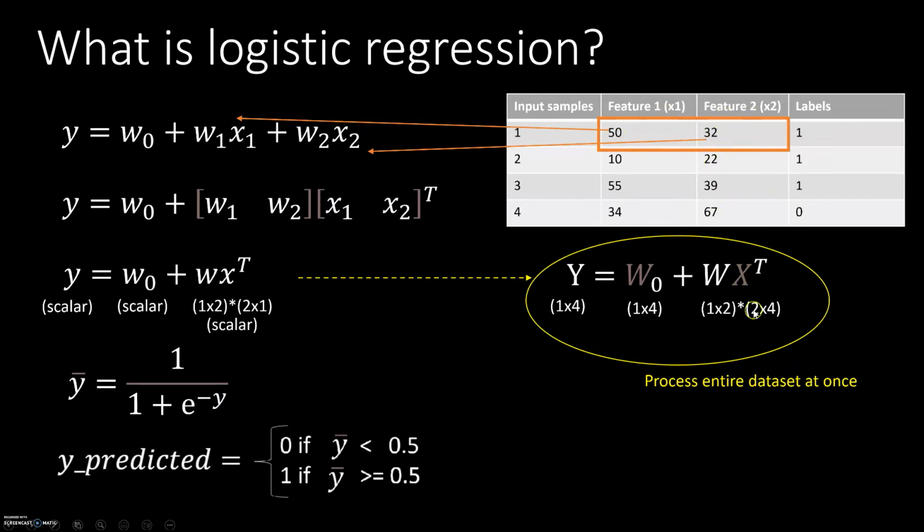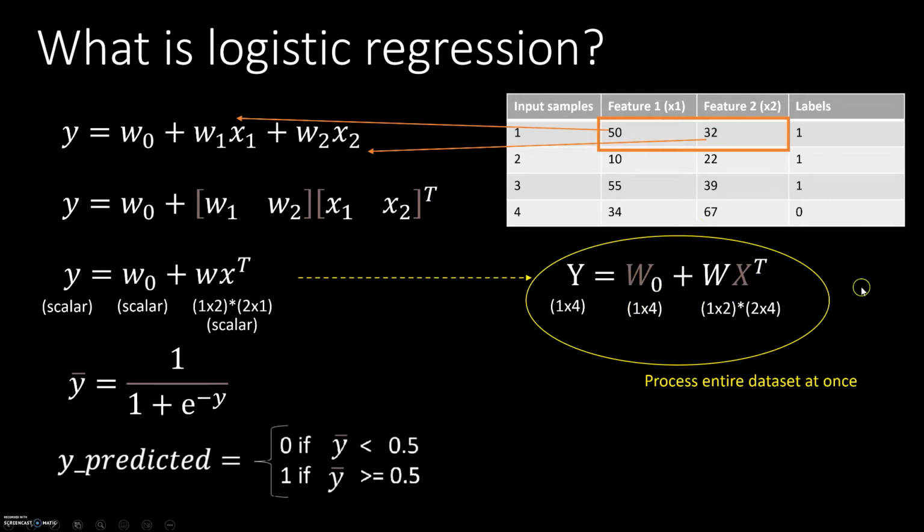So we take X, which is 2 by 4, then W will still be 2 parameters because we have 2 features. So the model parameters are going to be the same as the number of features, which is 1 by 2 in this case. Then W0, which is a bias, will be 1 by 4. Let's say you are choosing bias as 1. This will just be a matrix of 1, 1, 1, 1.